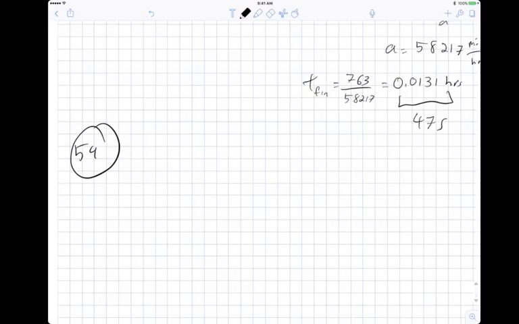Okay. So, let's talk about its motion. There's two parts to the motion. Let's draw it. Okay, so there's the rocket. This is what rockets look like. And it accelerates upwards for 5 seconds.